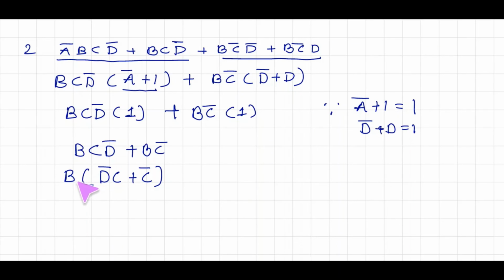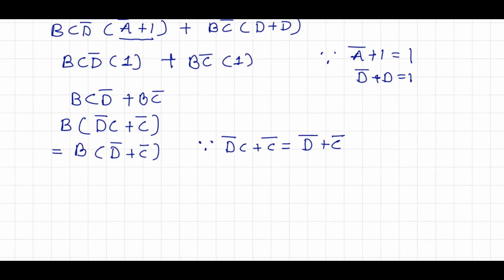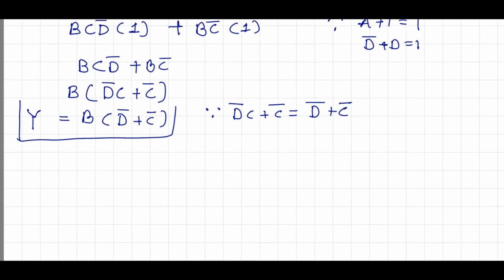Here b is common, so the same is equivalent to b into d bar plus c bar, since d bar c plus c bar is equivalent to d bar plus c bar. This way we get the expression simplified. So we get y is equal to b into d bar plus c bar, and now we can draw the logic circuit using this.